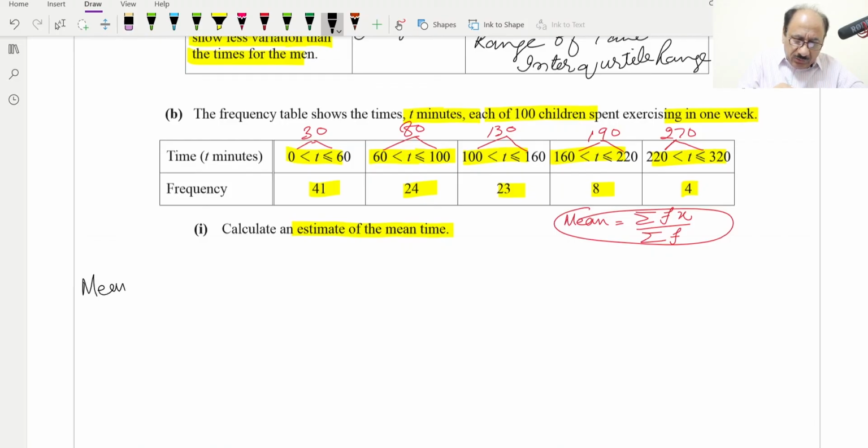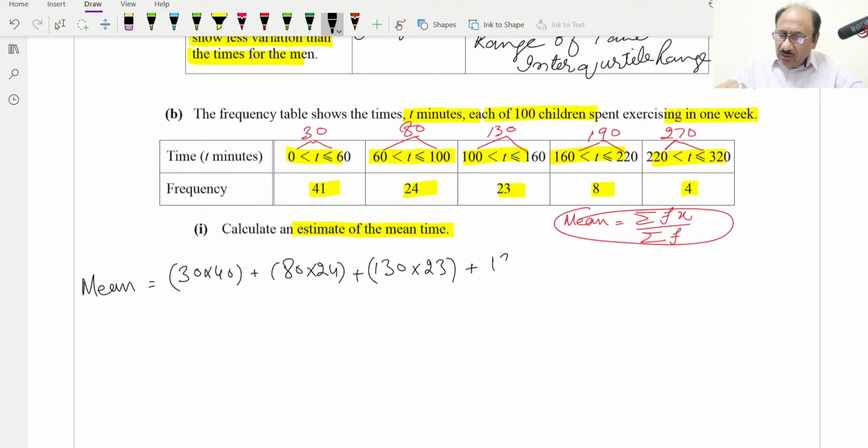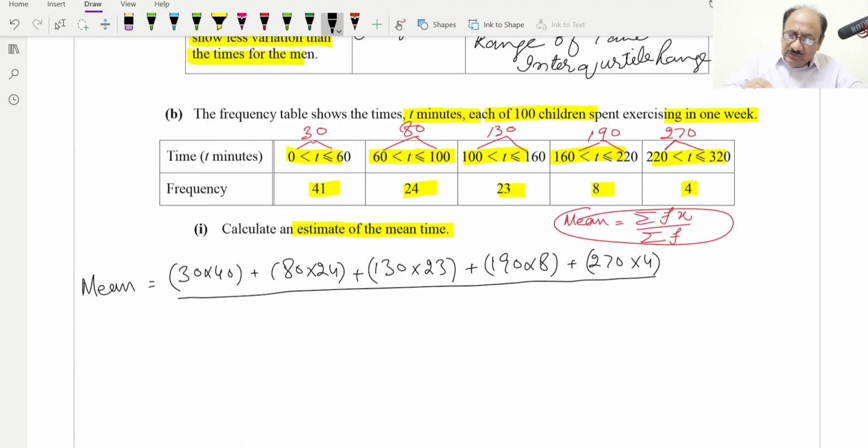Mean is equal to 30 multiplied by 40, plus 80 multiplied by 24, plus 130 multiplied by 23, plus 190 multiplied by 8, and the last one is 270 multiplied by 4, and this will be divided by the sum of frequencies. And what are the frequencies? 40 plus 24 plus 23 plus 8 plus 4, and we have to calculate this.